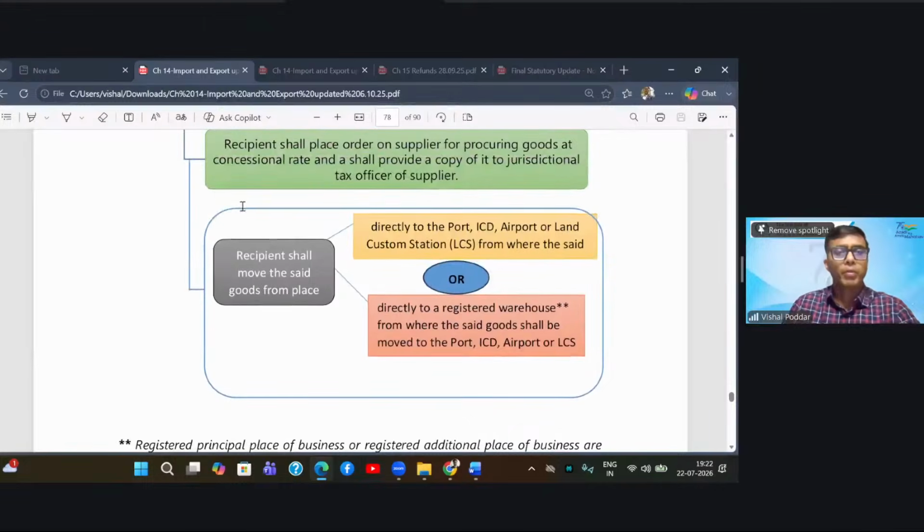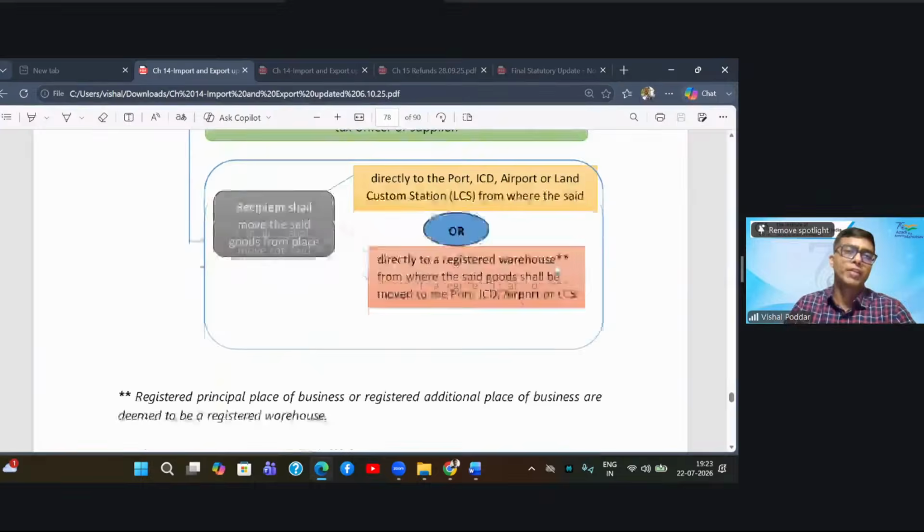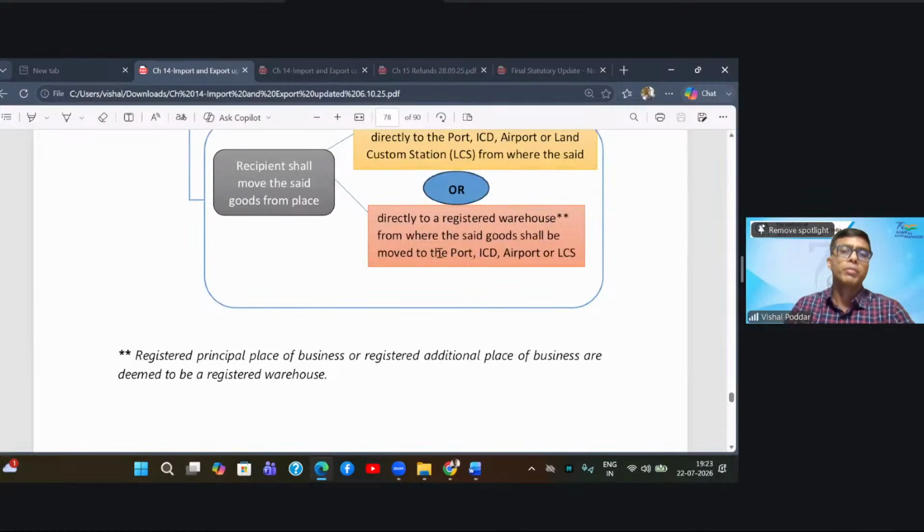Now, importantly, when I am supplying these goods to the recipient, the first possibility is that the recipient will move the said goods directly to the port, ICD, airport, etc. That is the place from where it will be exported. Or these goods will be directly sent to the registered warehouse. What is a registered warehouse? It means the registered principal place or registered additional place of business can be treated as a registered warehouse, from where the goods shall move to the port.